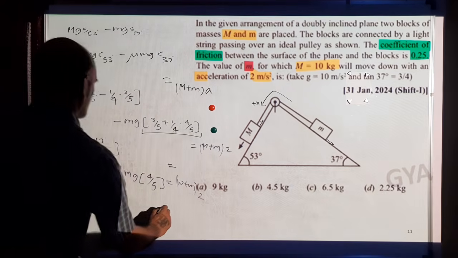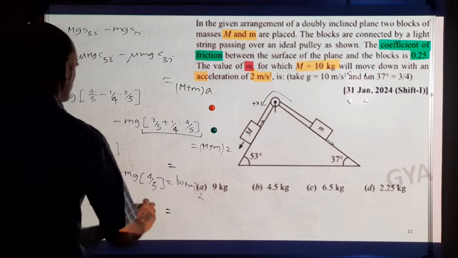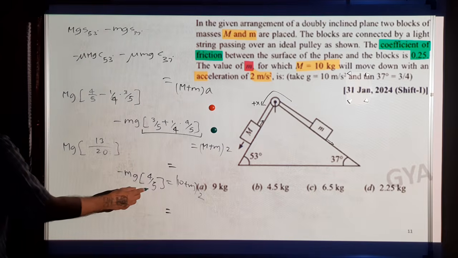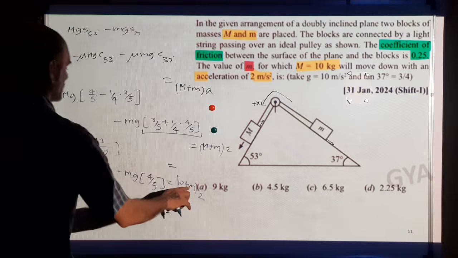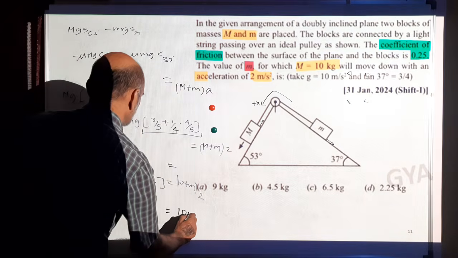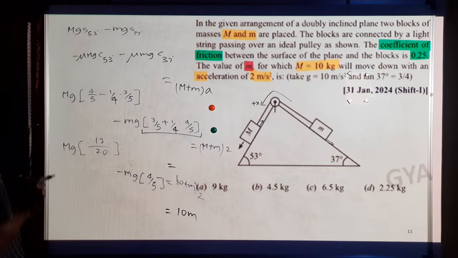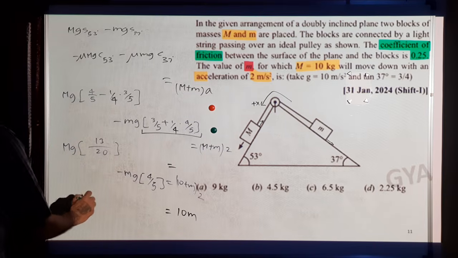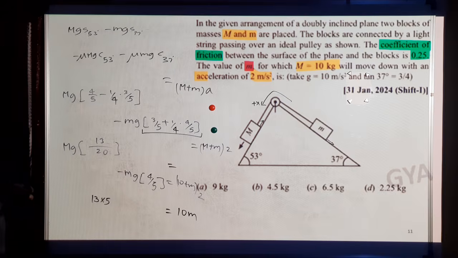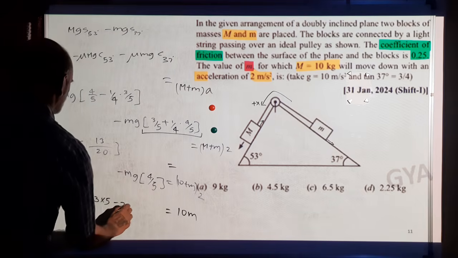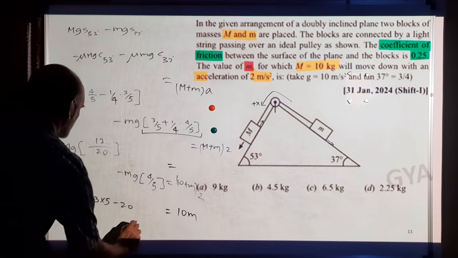Okay, so if I collect m, it will be 2, and here g is 10. So 8 times small m plus 2m will become 10 times m, and capital M is 10 kg. So 10 and 10 will cancel. So 13 into 5 minus 20, so it's 45.